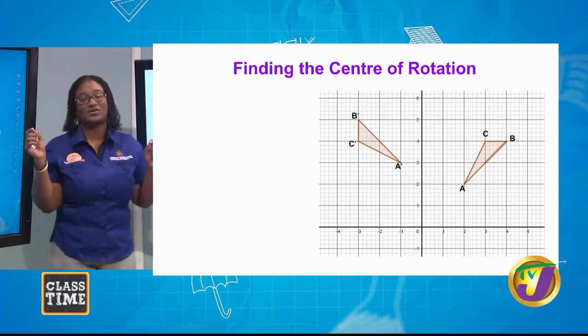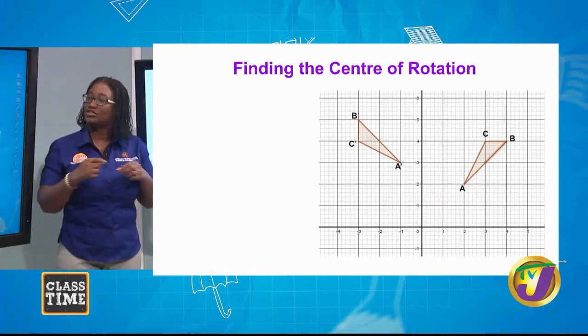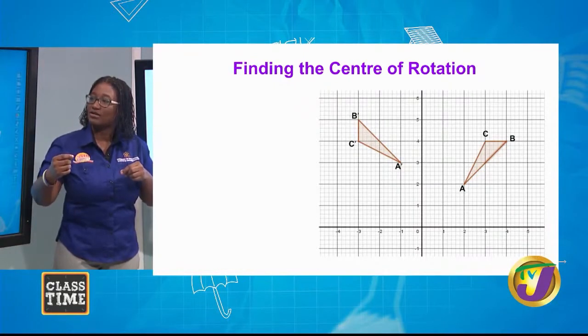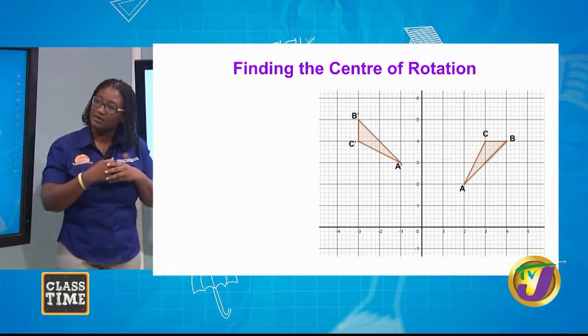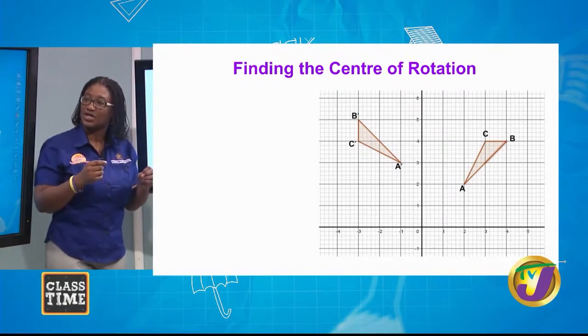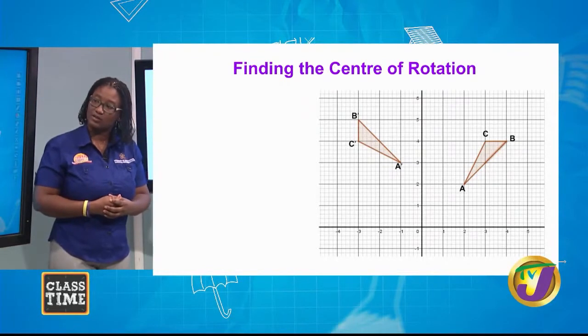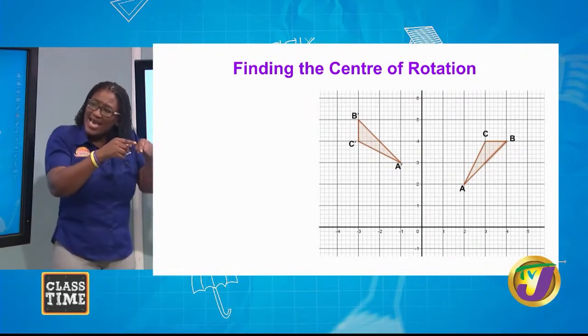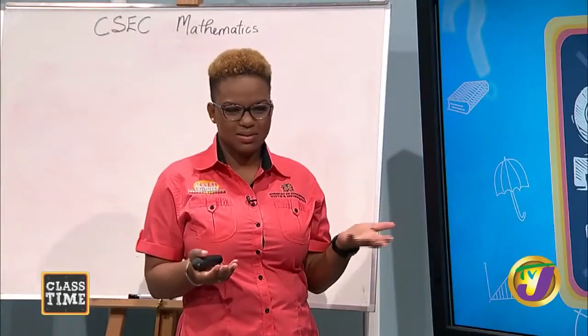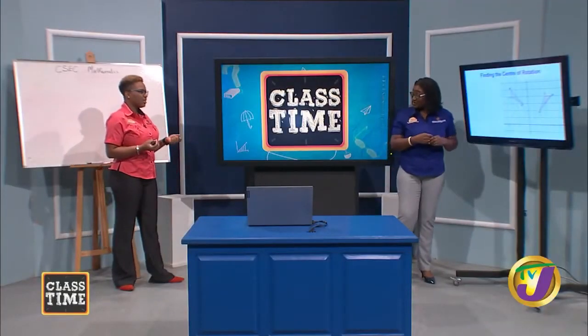So if I want to find the center of a circle, I can just draw a chord, find its perpendicular bisector, draw another chord in the circle, not parallel to that one, of course, and draw a perpendicular bisector for that too. Anywhere they meet, Latoya, that's the common point. Anywhere they meet is going to be the center of that circle.